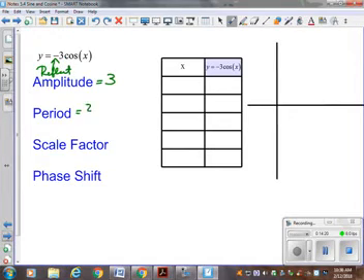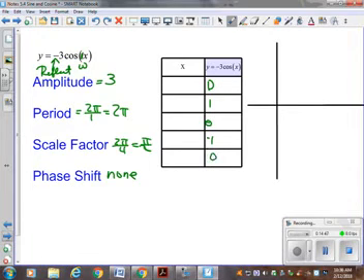Now, 2 pi is still divided by 1 because there's nothing right here for omega. And of course our scale factor is still halves because we're dividing by 4. And no phase shift because I don't see any adding and subtracting. We'll do some of that maybe in the next one. Now, this one over here is easy to number because we know those numbers from sine.